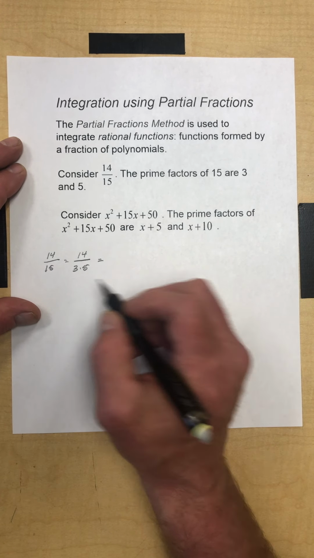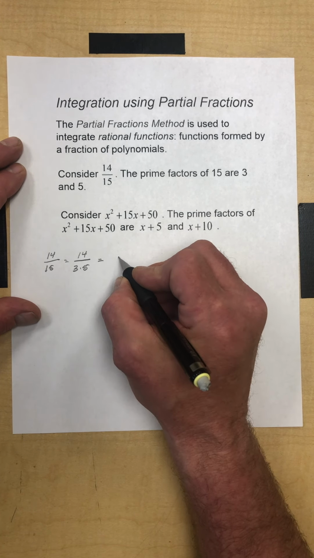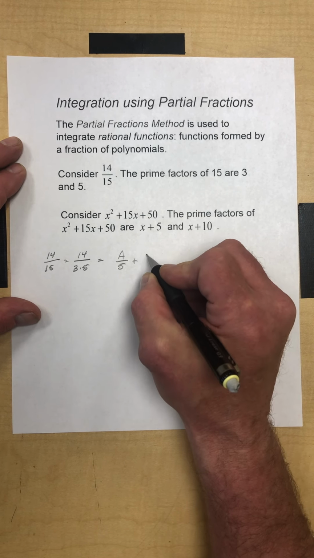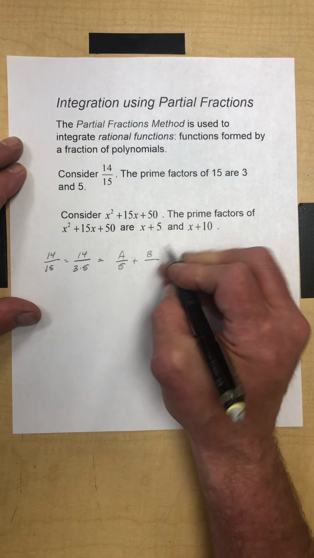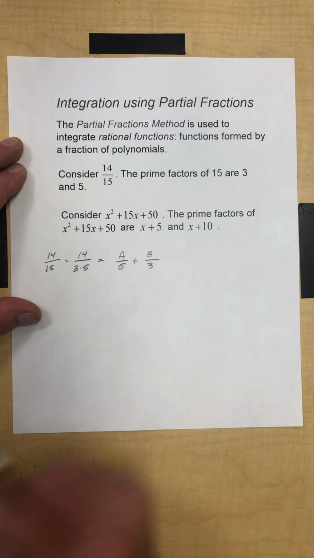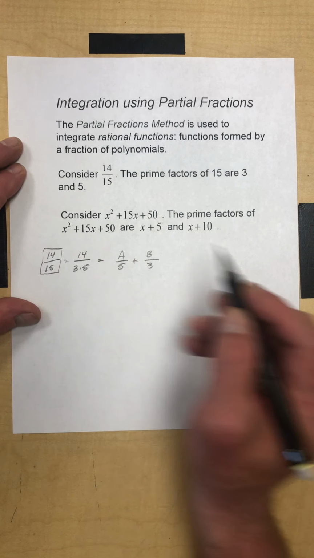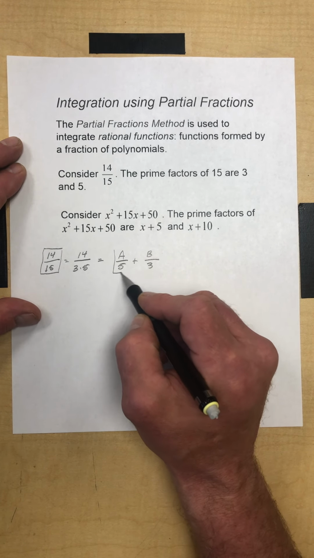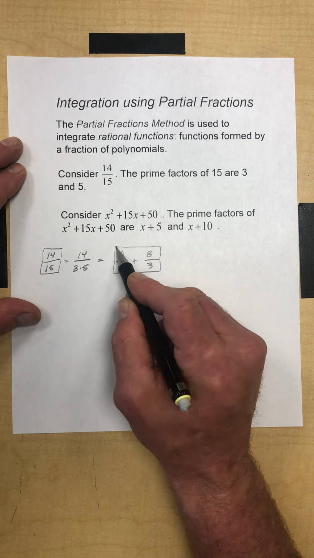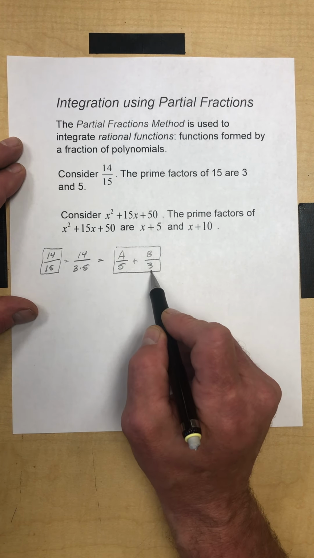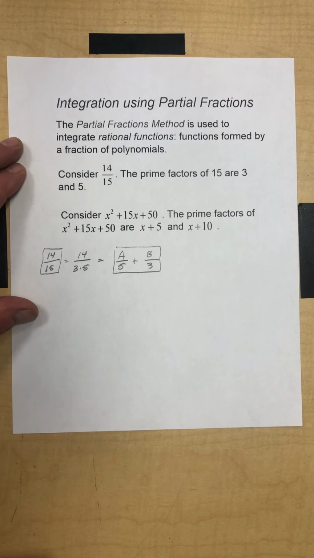So this 14 over 15 can somehow be written as some number over 5 plus some number over 3.